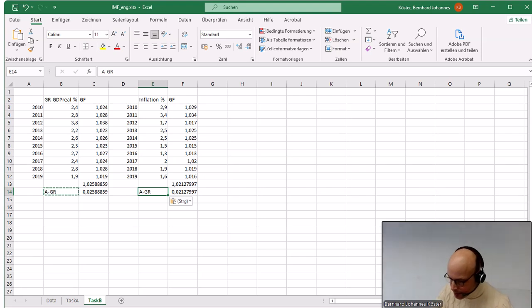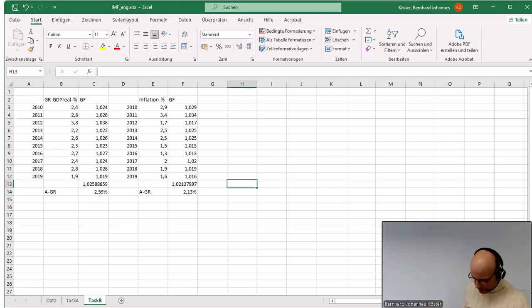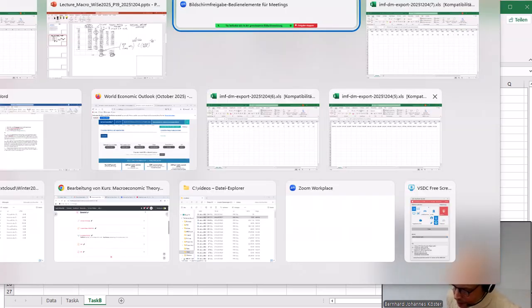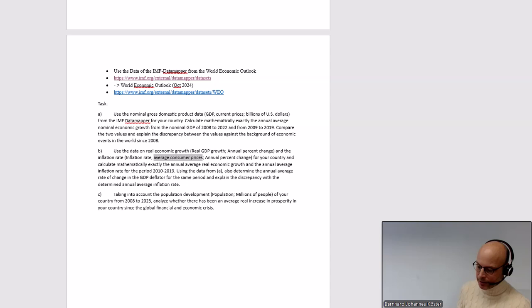And let's take this also in percentage. So this is the first thing, and now comes maybe the harder part.